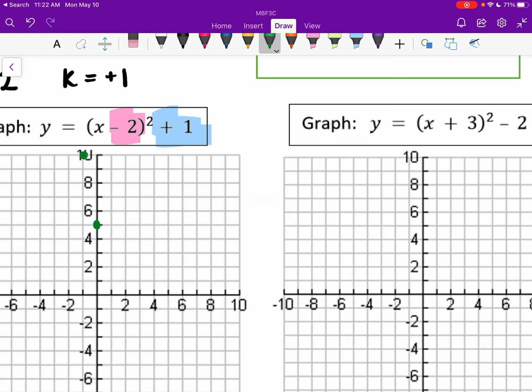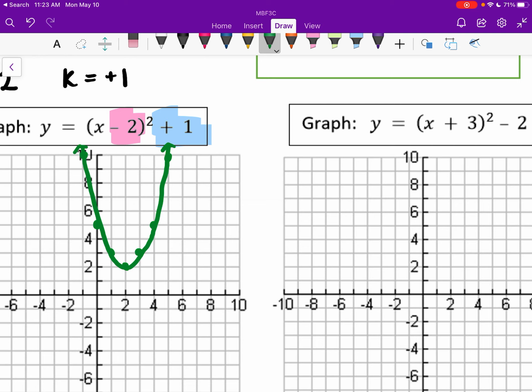My 1 value is going to be 3. 2 is going to be at 1. 3 is going to be at 3. 4 is going to be here at 5. And then 5 is going to be up here at 10. And that's going to be my graph.